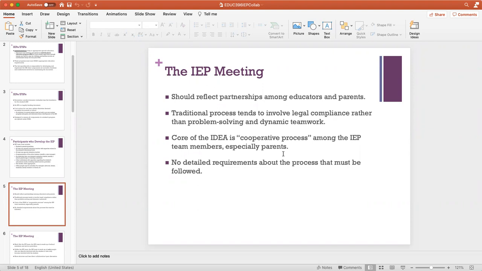The more you collaborate, the more you inform, the more you work with each other, the less confrontational that's going to be. So while the meeting itself is this presentation of the plan from the school to the parent, that doesn't mean that has to be the first time, and more importantly, shouldn't be the first time that the parents are hearing of these plans.